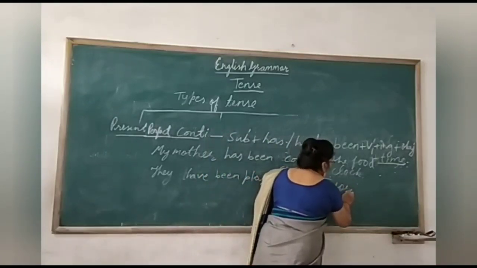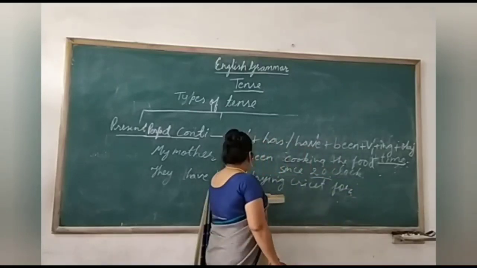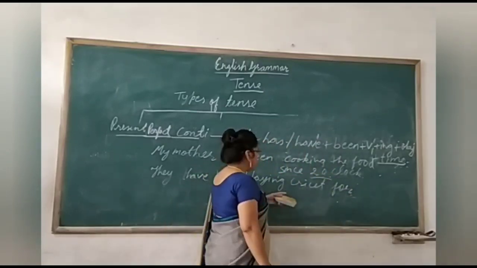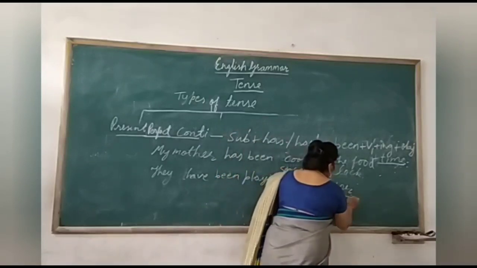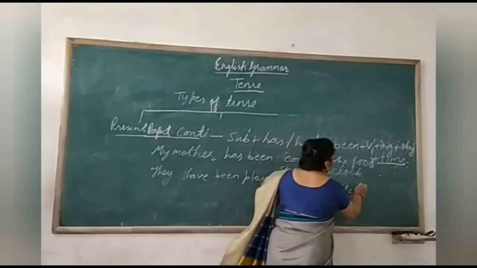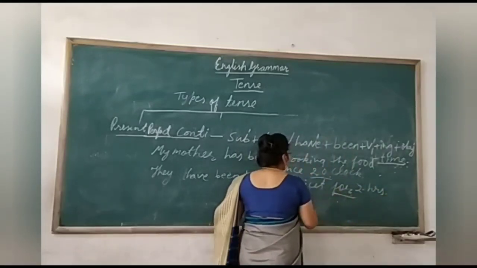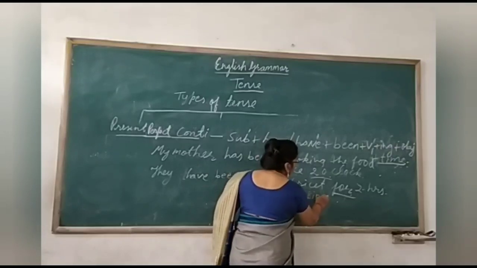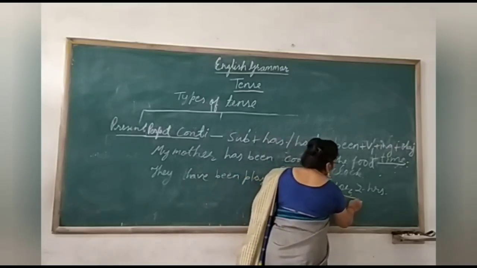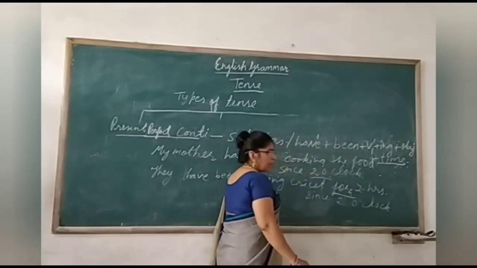So here "they have been playing cricket for" indicates that the time is not fixed, for 2 hours. And the same way, if you want to write the fixed time, then use "since" here. Since 2 o'clock. Getting it? Clear?